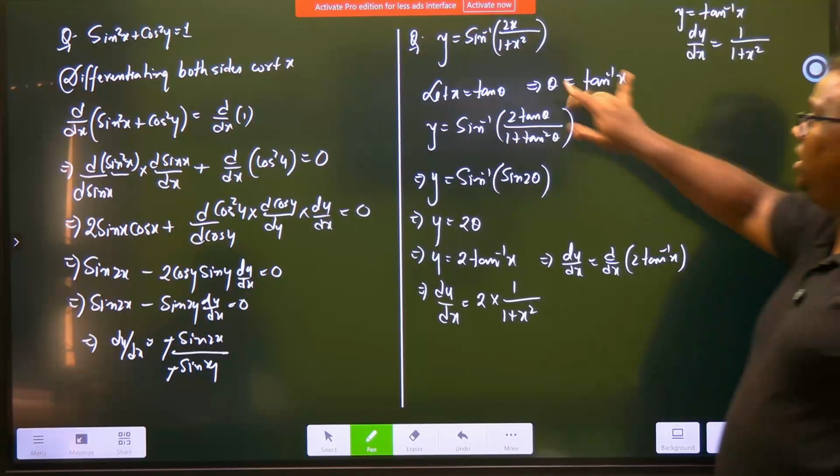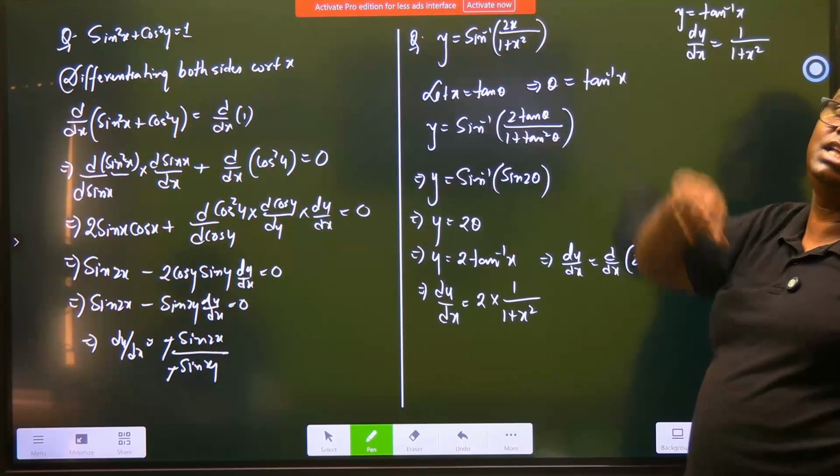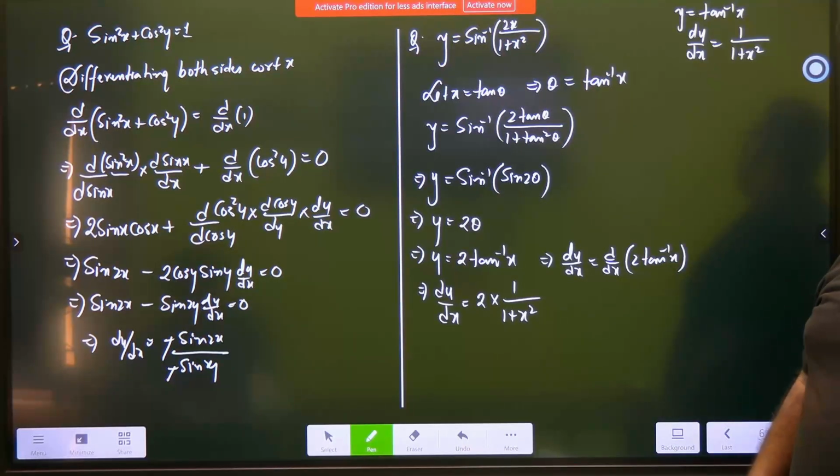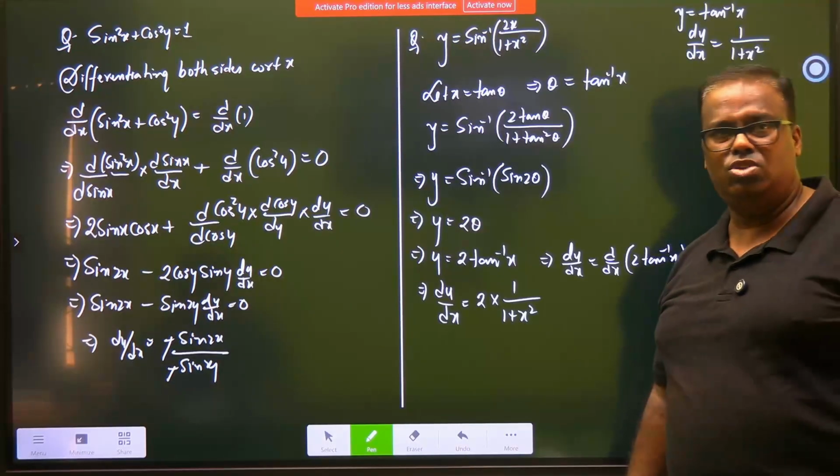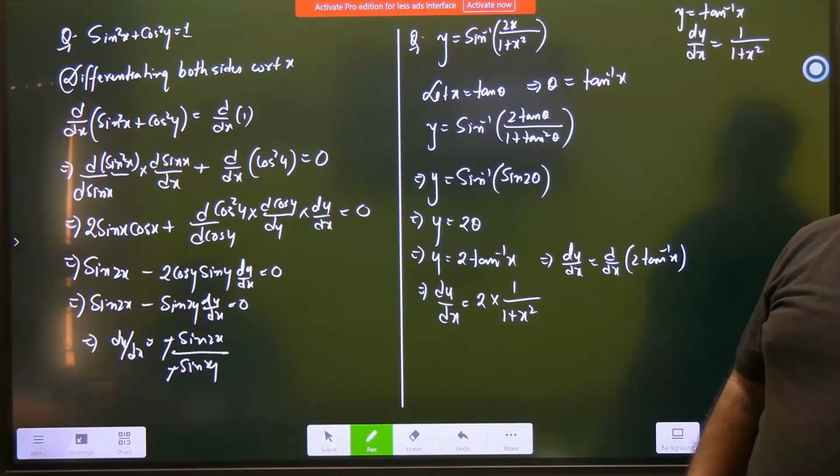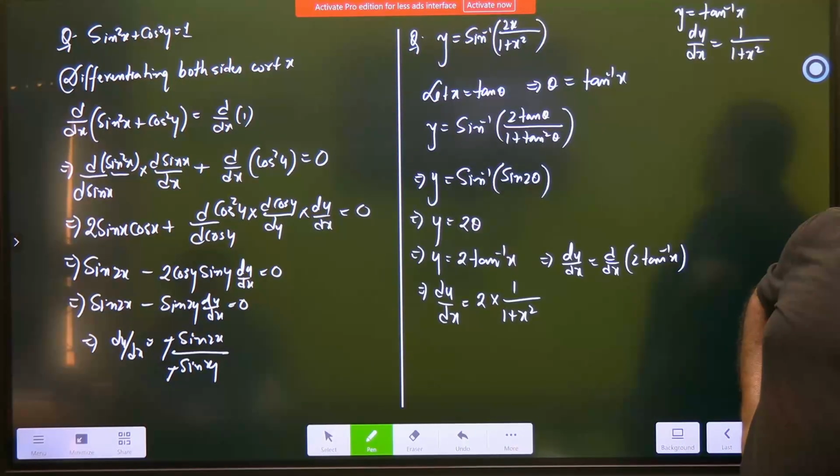Here you have to look inside and see what it matches with. If anything is 1 plus x square, close your eyes and let x be equal to tan theta. 100% it will match. Okay? We close today, otherwise it will be too much. Do some more implicit functions.